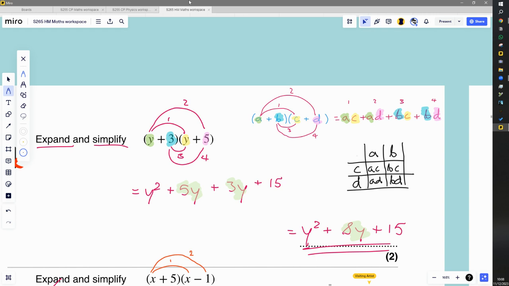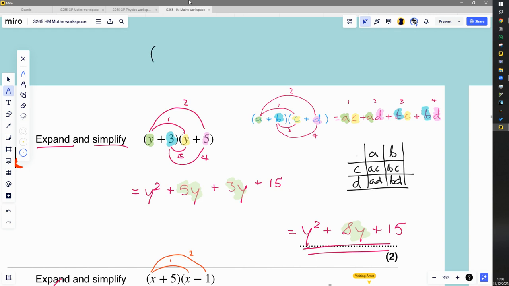But if it gets tricky, feel free to use the grid if you find it helpful. And over time, you can reduce a lot of these support systems and do more and more automatically and in your head.